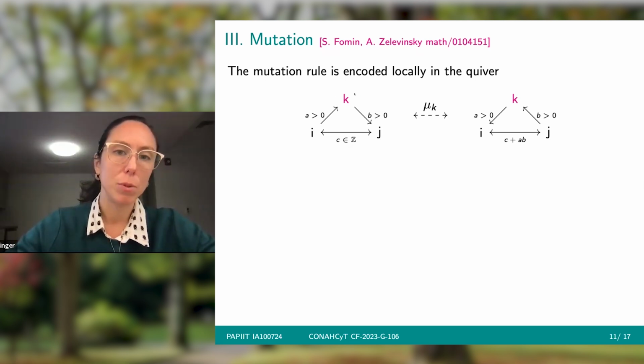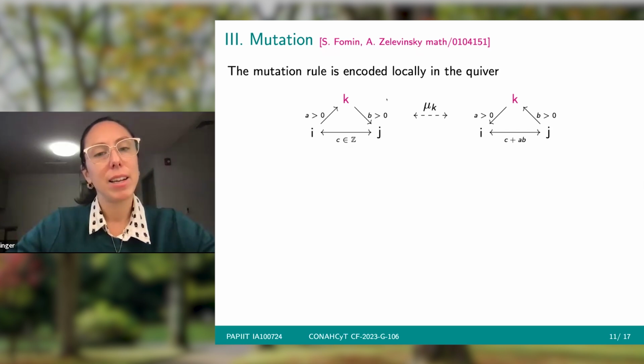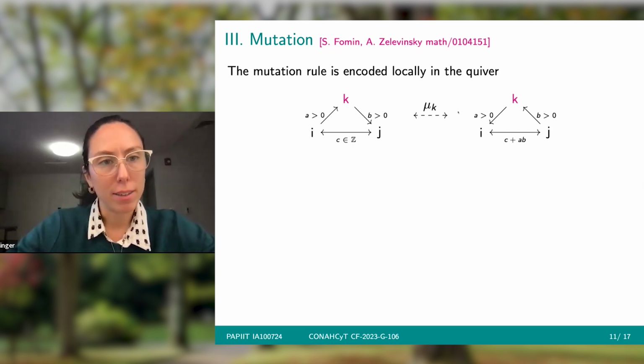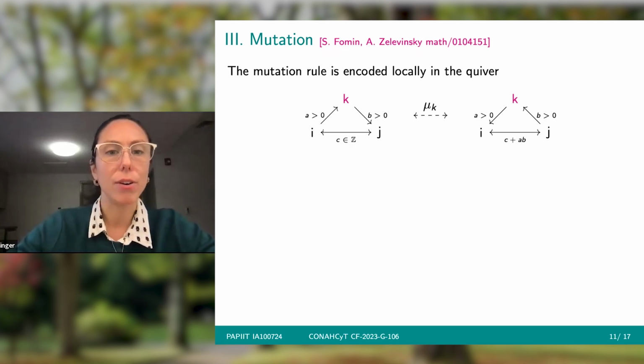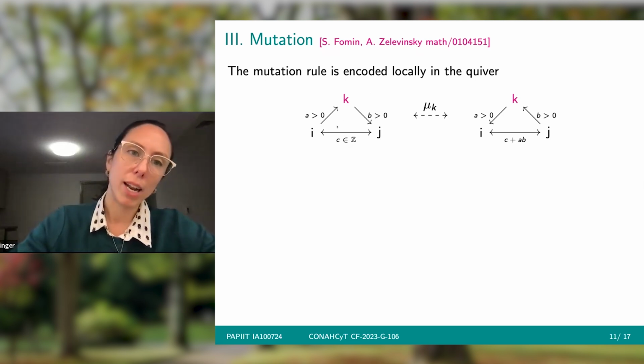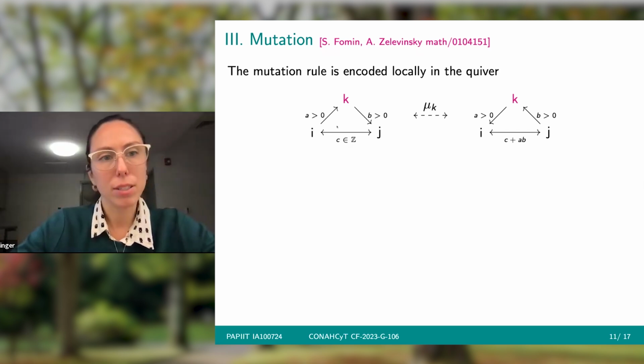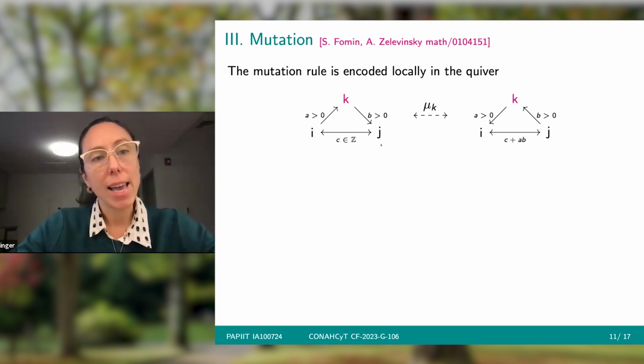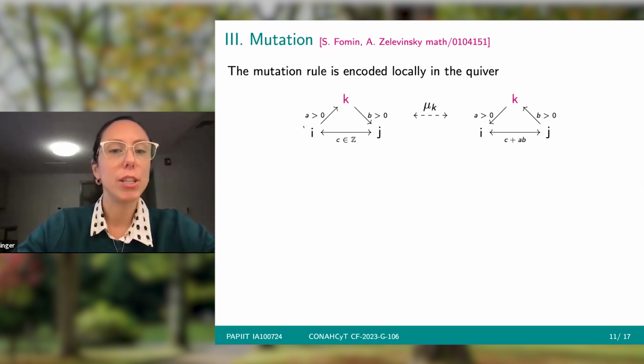In this case, it would be K. And then I consider all neighboring vertices that have arrows into K or out of K, so that I can form paths of length 2 passing through K. And for every such path from I to J, I add a direct arrow going from J to I after the mutation.